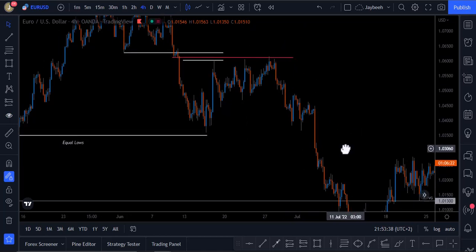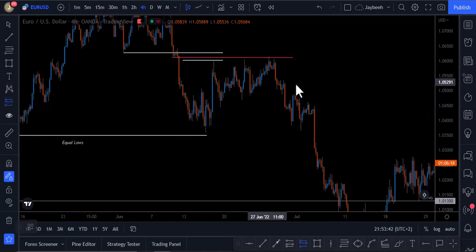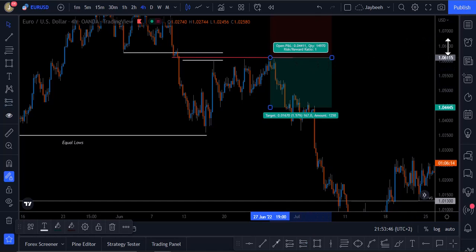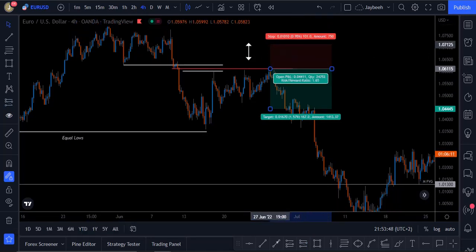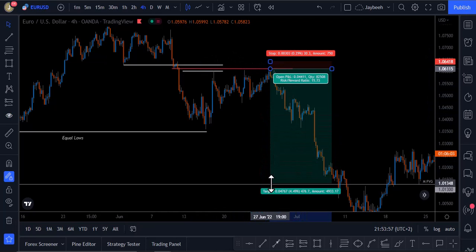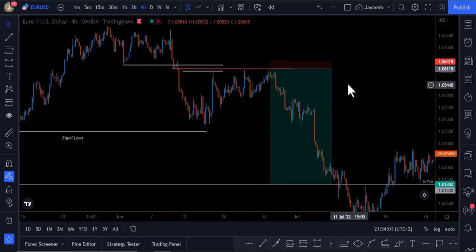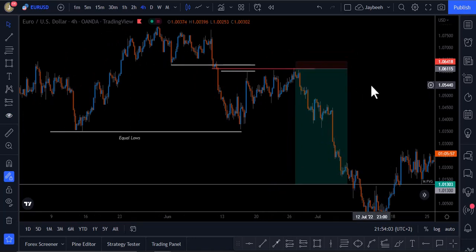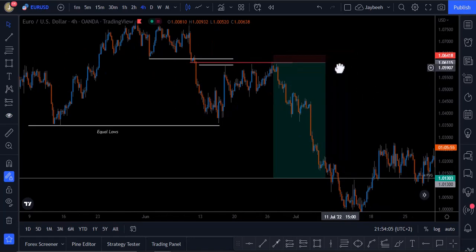So this trade was almost 500 pips, and I can place a position tool here. My entry was here, and my stop loss was above the high of this candle. It was almost a 30 pip stop loss, and my target was here, a 1:15 or 15:1 risk reward.